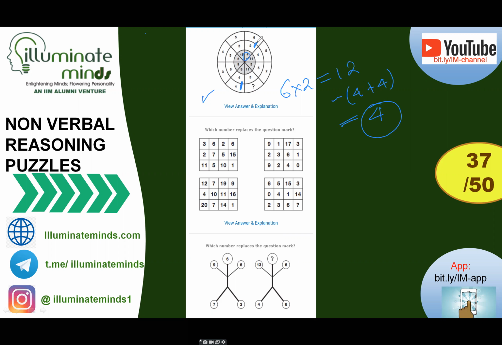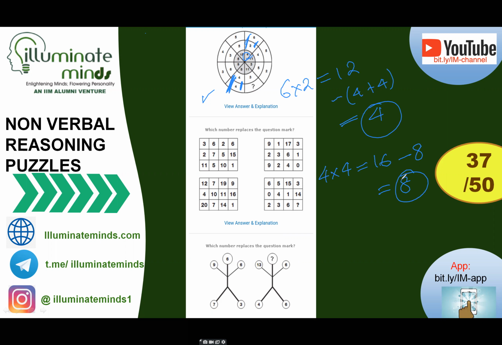Hence, this 4 is the answer. Similarly, 4 into 4 is 16 minus the sum of the outer two numbers, 8, will give me 8. I hope it's clear.